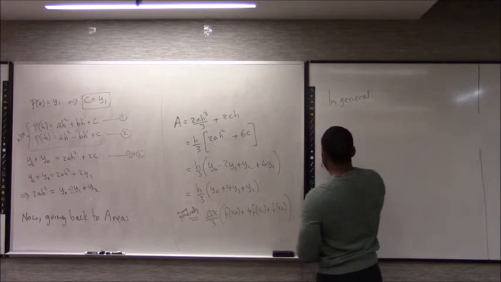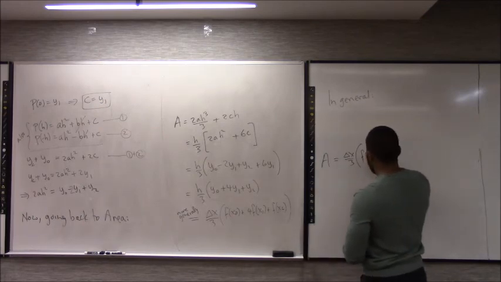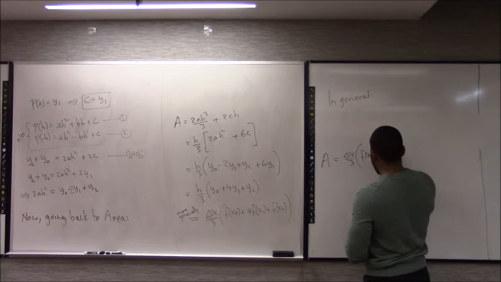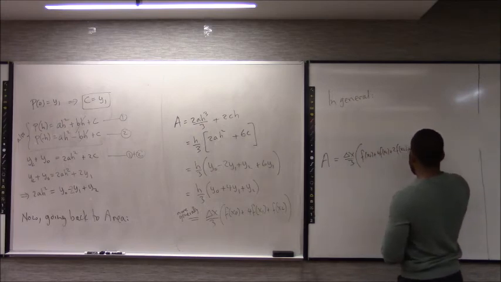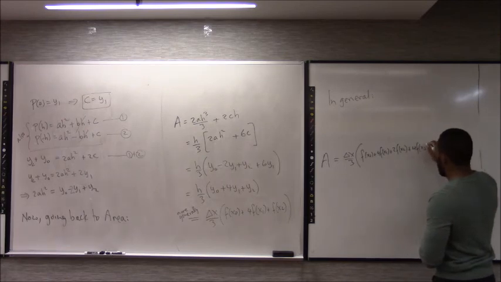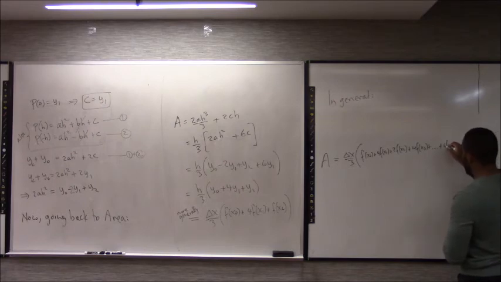You will end up with A equals delta x over 3 times f of x0 plus 4 f of x1 plus 2 f of x2 plus 4 f of x3 plus dot dot dot, and it alternates all the way to the end, so it will leave us with 4 f of x n minus 1 plus f of x n.